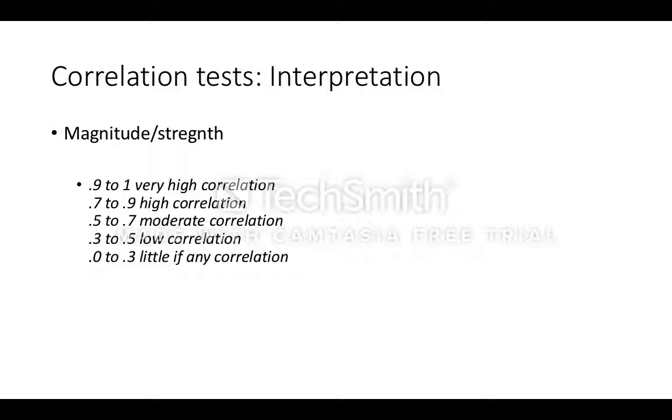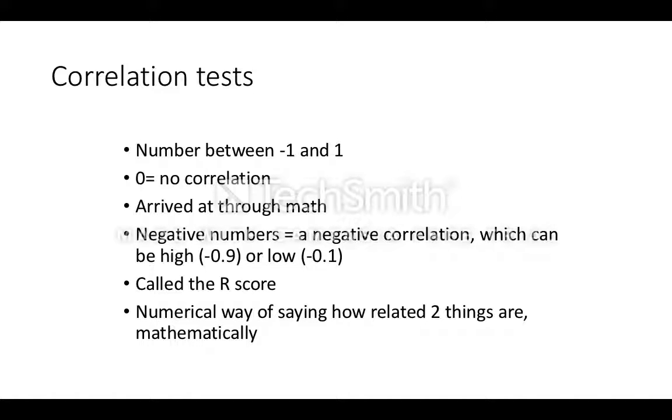If it has a positive sign in front of it, it's a positive correlation. And if it has a negative sign in front of it, it's a negative correlation. So, for example, if your R score was -0.7, that would mean there was a strong or high negative correlation. And if your R score is 0.7, that would show you that there is a high or strong positive correlation.